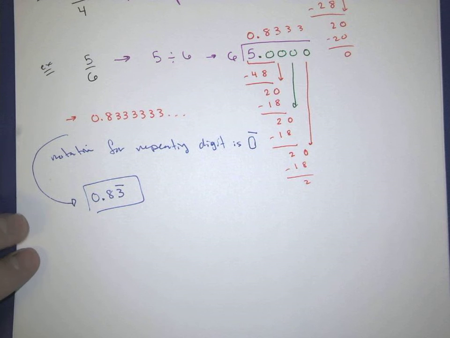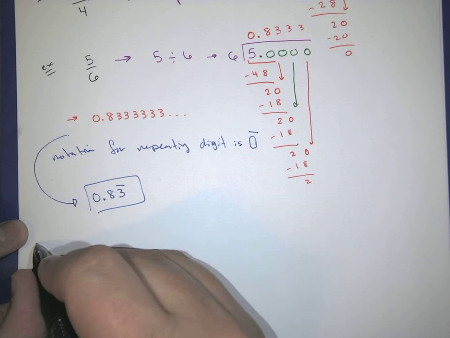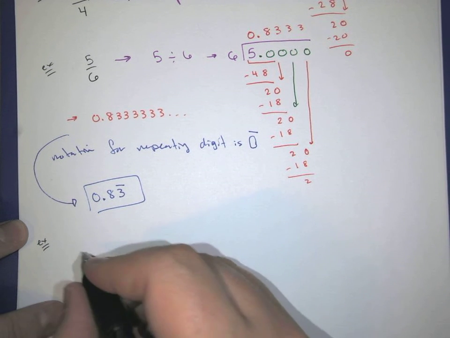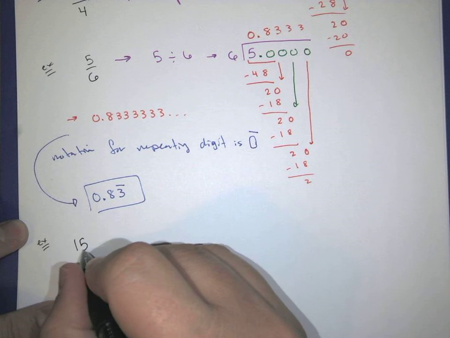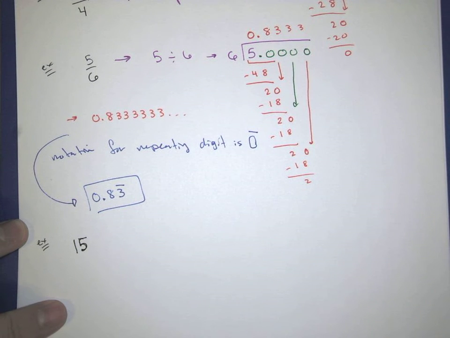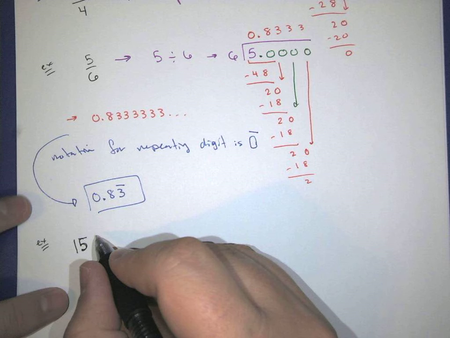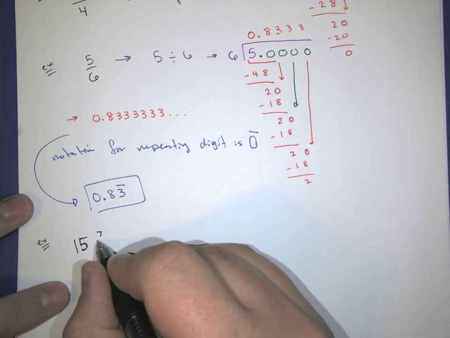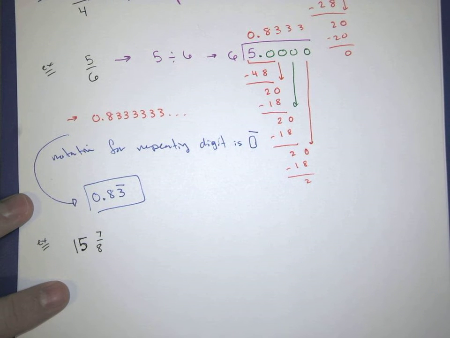We can do one more, maybe like a mixed number. How about something like, I don't know, 15 and 7/8?